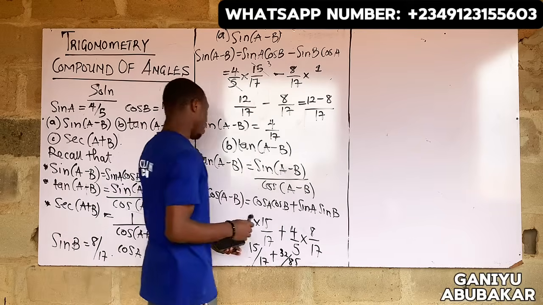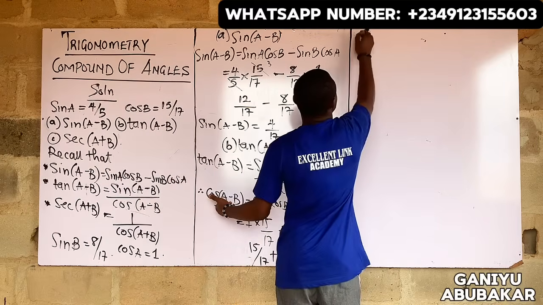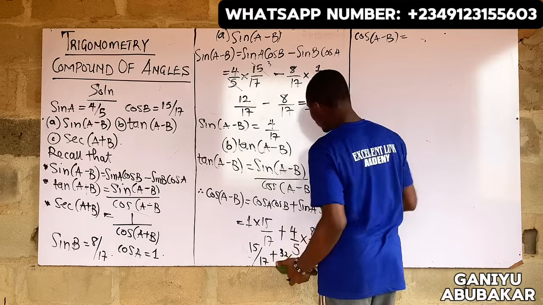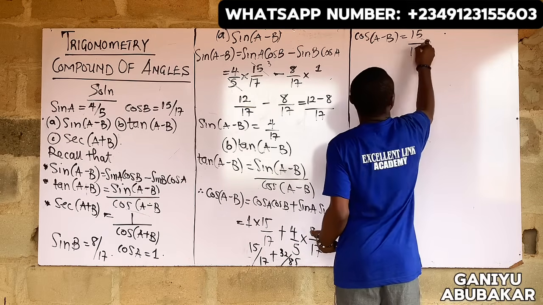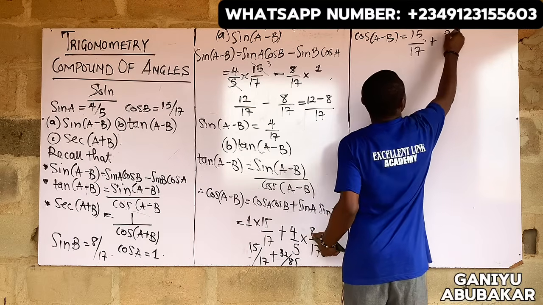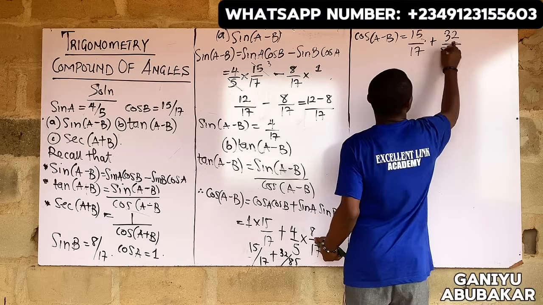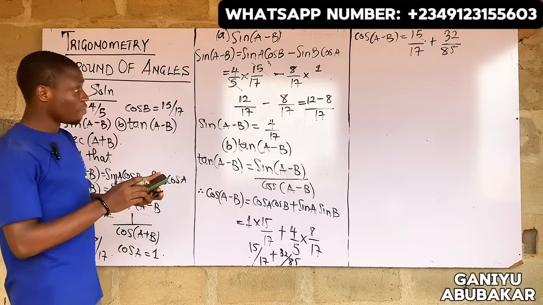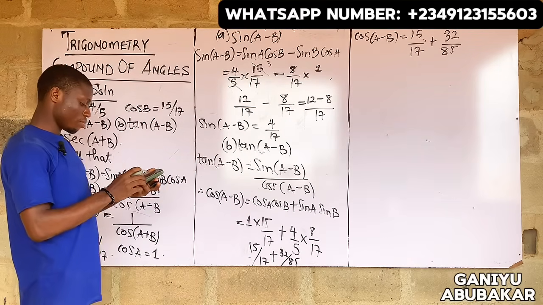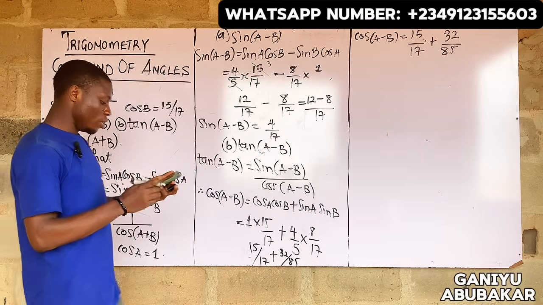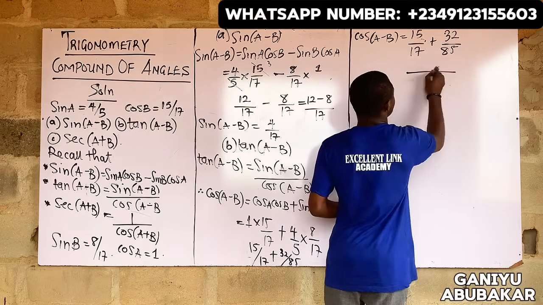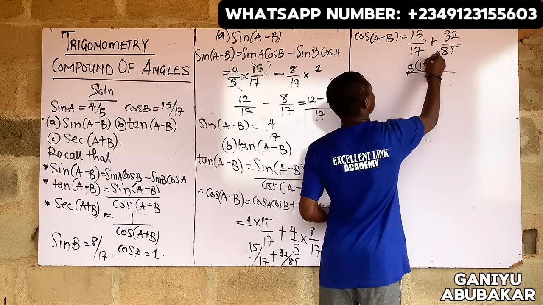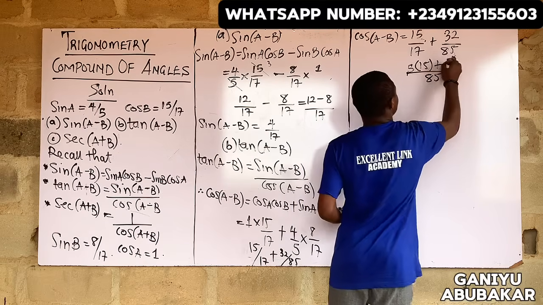So the value for cos A minus B is 15 over 17 plus 32 over 85. What's the LCM for 17 and 85? My LCM here is 85. 85 in 17 is 5, times 15, plus 85 in 85 is 1, times 32.